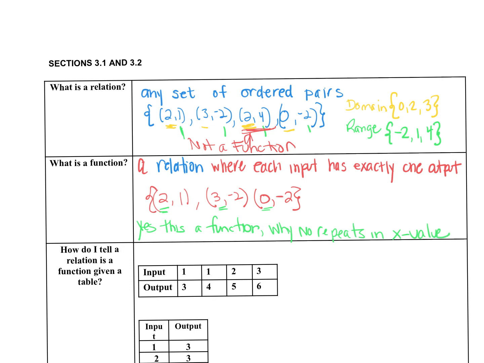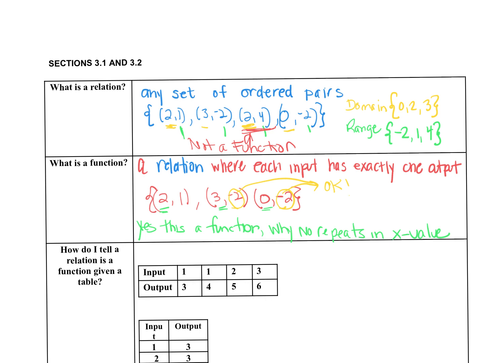One thing I want you to notice though is that there is a repeat in the y value. For our purposes of identifying whether or not this is a function, we are allowed to have a repeat in the y value.